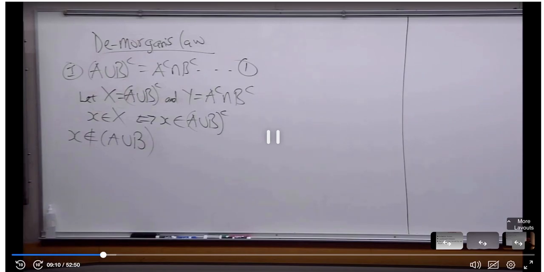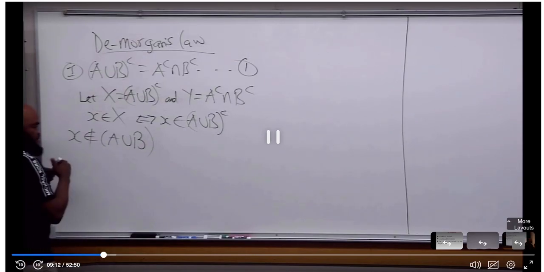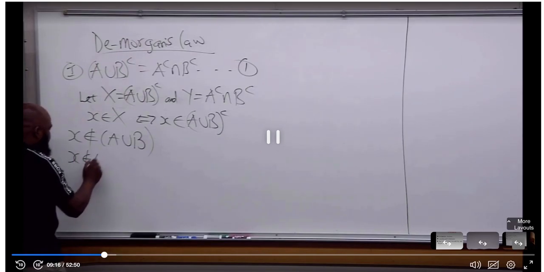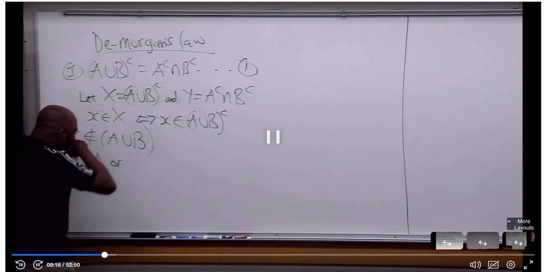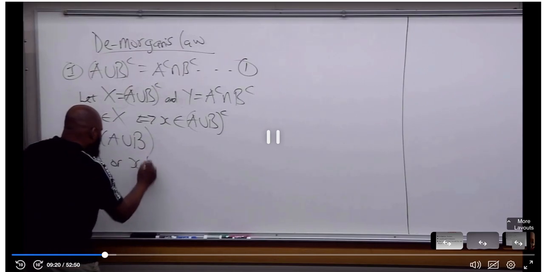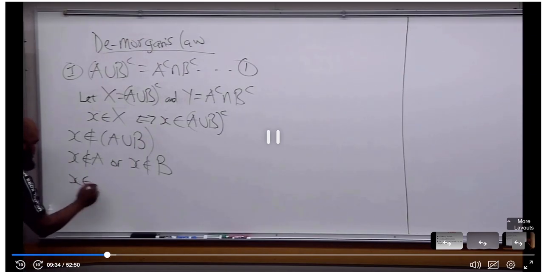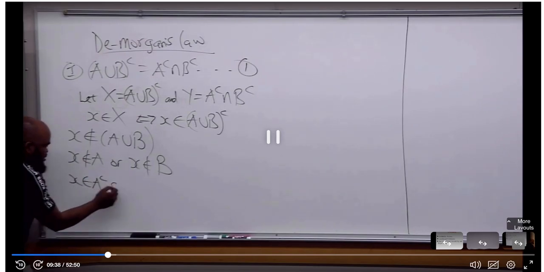Now I can rewrite this as in A or, any question? Because of this guy, union, or the next thing. If I change this, this is going to be this, and this is going to change to and.